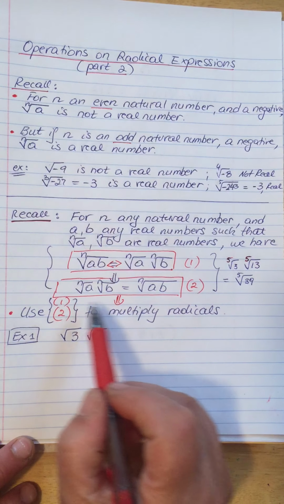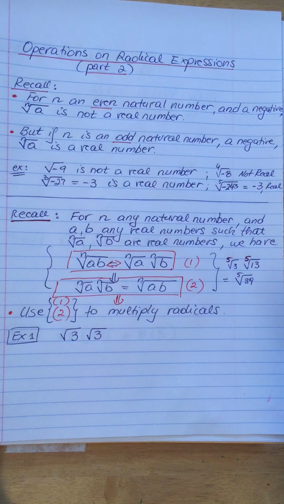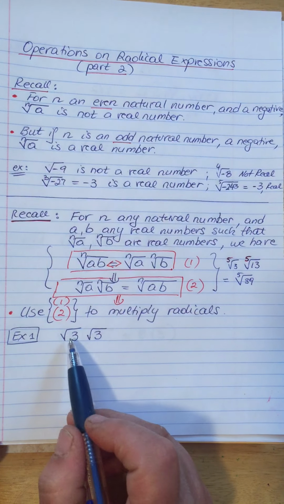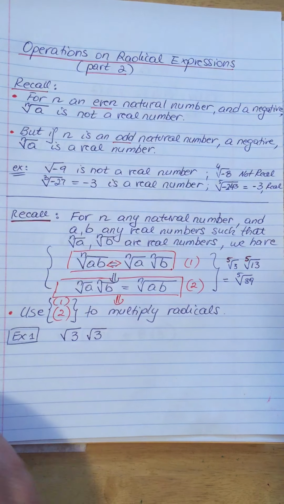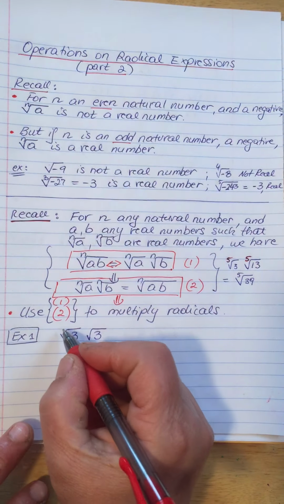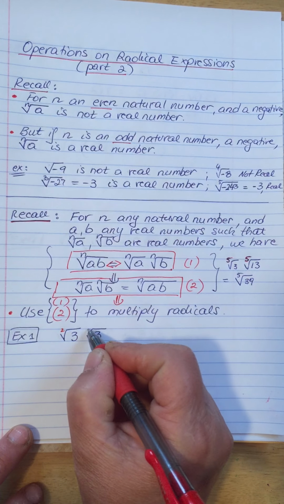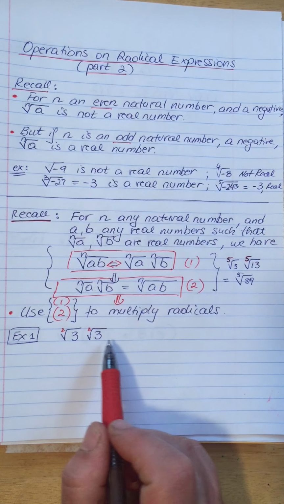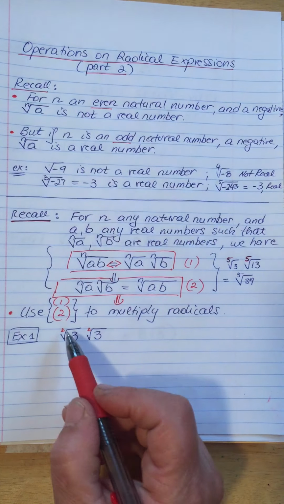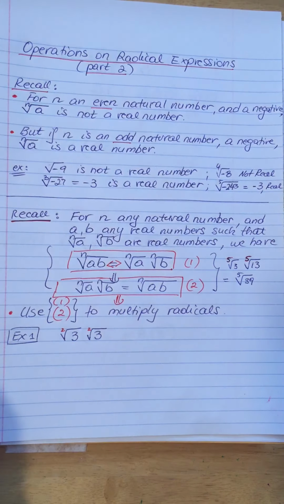So using this property, let's do some examples. Example 1: I want to multiply these two radicals, and the first thing I have to check is whether they have the same index. Yes, the index is the same. In this example the radicands are the same, but it doesn't matter if they are different. What matters is the index.